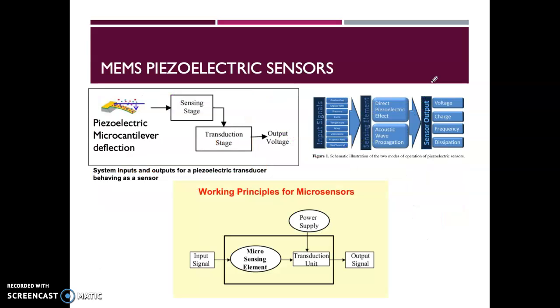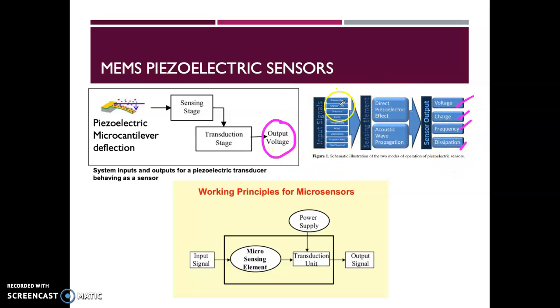Okay, let's move to the MEMS piezo sensors. When talking about sensors, the output is in terms of the electrical, either voltage or frequency response or charge or the power dissipation.